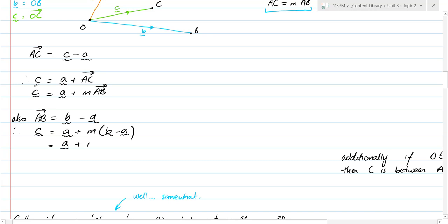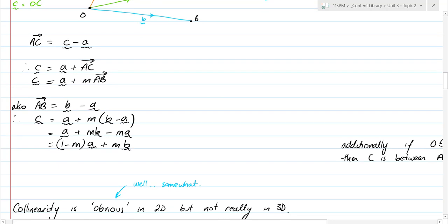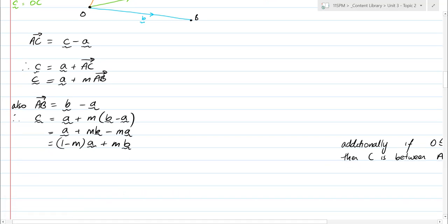I get A plus MB minus MA, and that gives me (1 minus M) times vector A plus M times vector B. That leads to this statement: C equals lambda A plus mu B, where lambda plus mu is 1, because obviously here we've got 1 minus M plus M, which is 1.